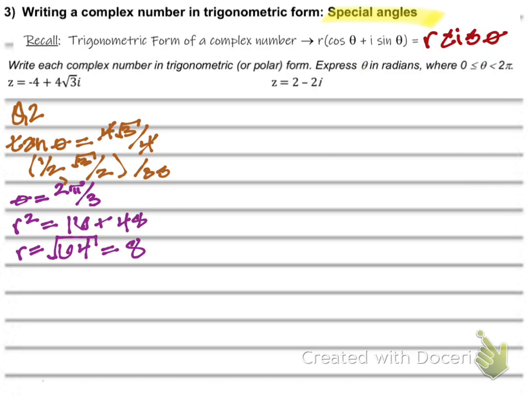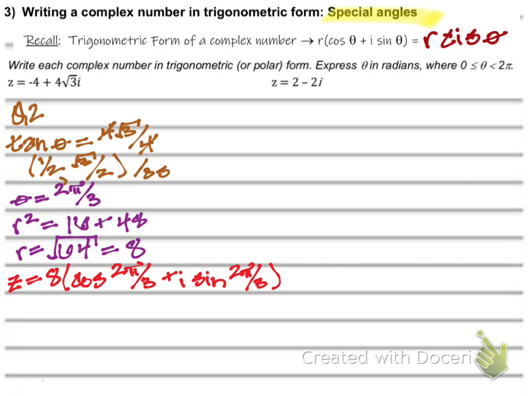We would say that z is r, which is 8, times the cosine of 2 pi over 3, plus i sine 2 pi over 3. And again, if you wanted on your paper or whatever to abbreviate that as 8 cis 2 pi over 3, that would be fine. So we're using trig to find our angle and then using the Pythagorean theorem to find our r.